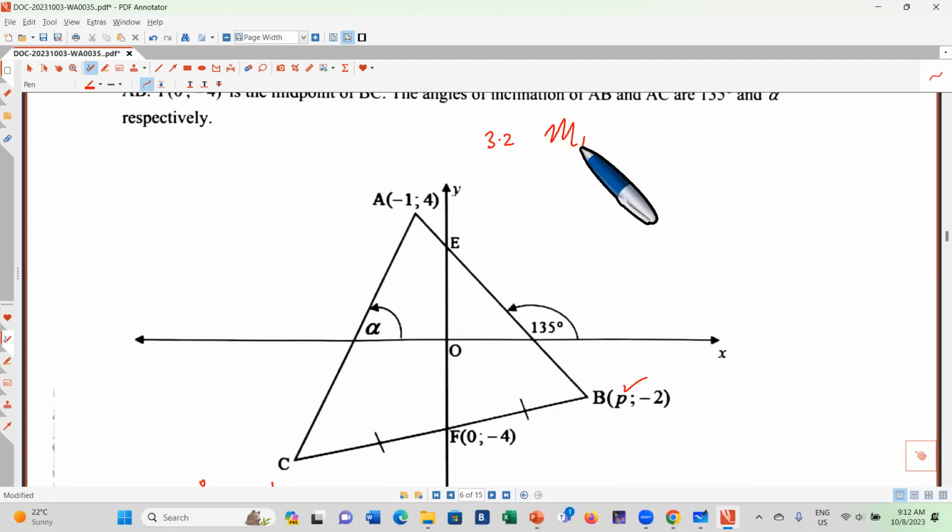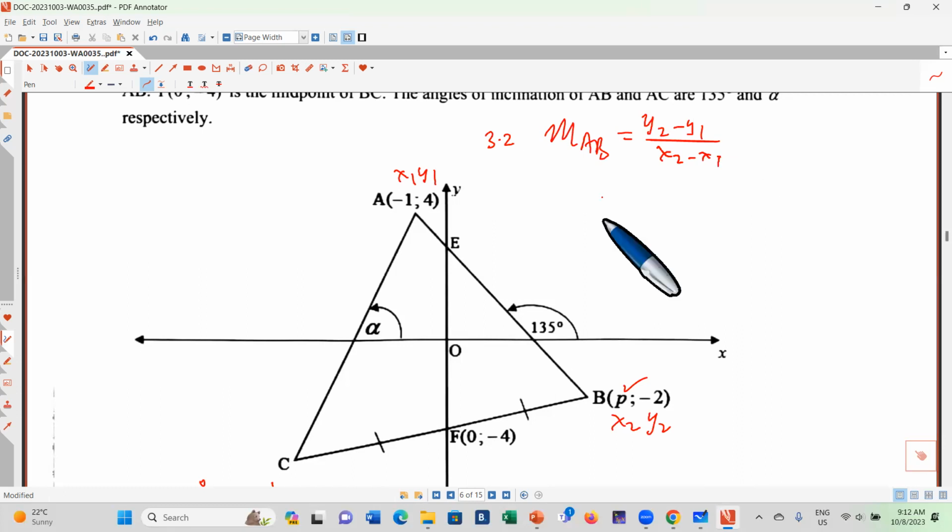But we know the gradient of AB is actually the same as -1. But also we know that the gradient of AB, with x1, y1 and x2, y2, is y2 minus y1 divided by x2 minus x1. What is the gradient of AB?